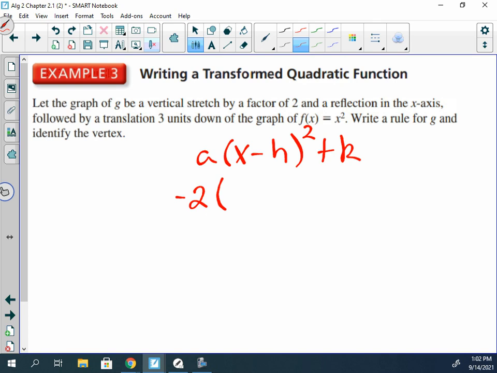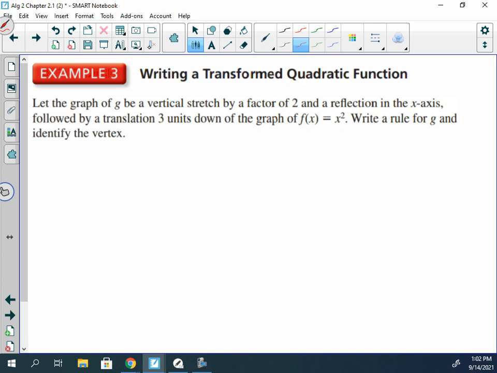That's where that takes place. x minus, did we move it left or right? Well, no, so it'd be 0. And then we moved it down 3, so negative 2x squared minus 3 is how this would work, is what they would suggest. But I'm going to erase that.